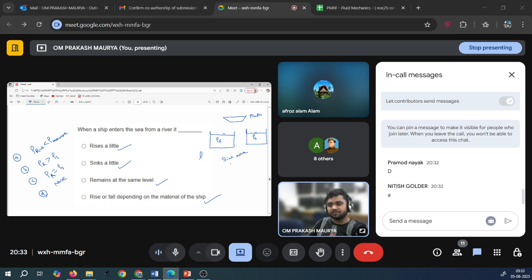Sink more in which, whether in R or in S? Sea water. In which water? Of course, the density of the plastic is less than that of sea and river, that is, the density of river and the density of sea.